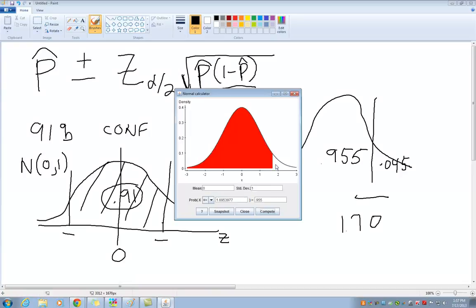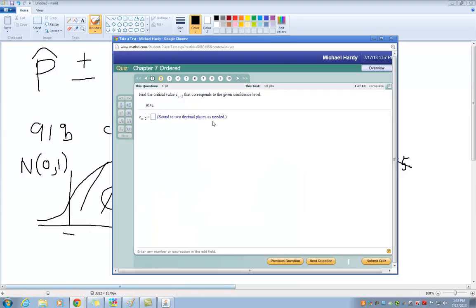When I was talking about using the upper 0.045, we could use greater than or equal to, and 0.045 in this box, and it would still give us the 1.695 as the value of x that cuts it off. So that's what the z alpha over 2 is. Let's look at our test. 2 decimal places. It gives us 1.70, rounded to 2 places after the decimal.